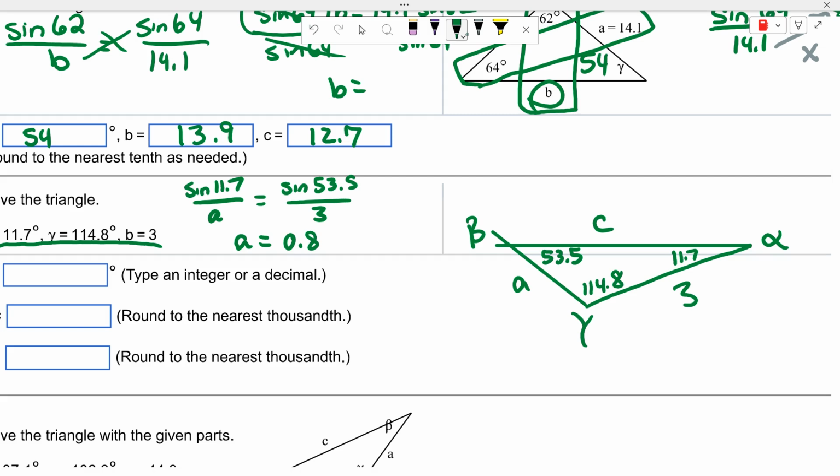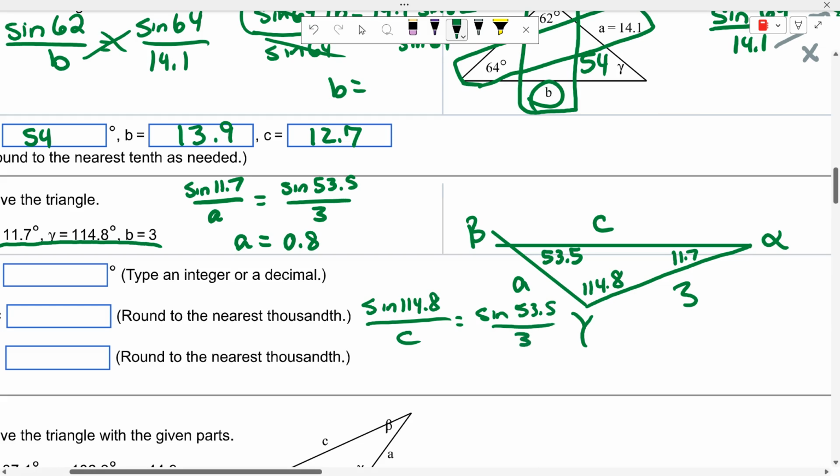Okay, now let's find C. We'll do the same type of thing. The sine of 114.8 over its opposite side C equals the sine of 53.5 over 3. Use what you're given. You're given these two, so that's what we want you to solve. So you take this times this divided by this.